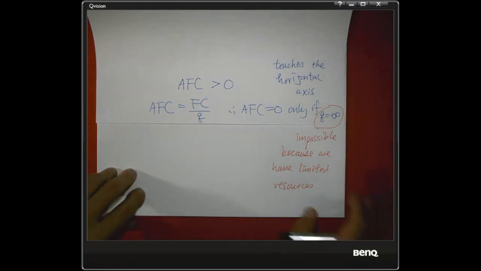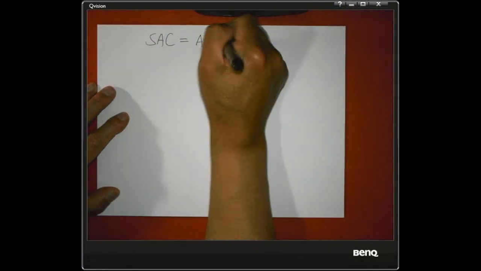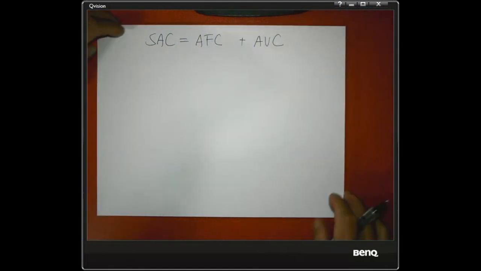And now we have figured out the average fixed cost. So the short run average cost equals the average fixed cost plus the average variable cost.